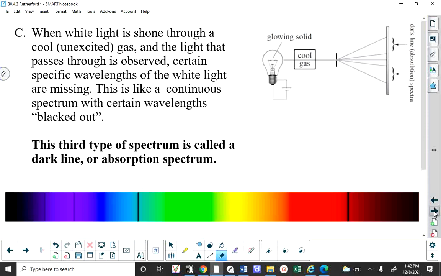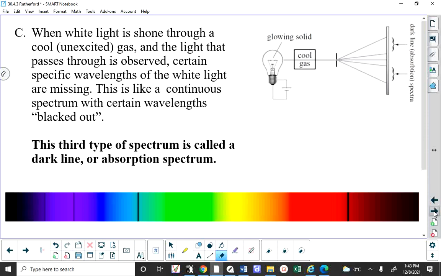And when we observe through use of a diffraction grating spectrometer, the spectra, what we see is a negative image of the bright line spectrum. Instead of seeing a bright line where that red line is for hydrogen, you see nothing there.